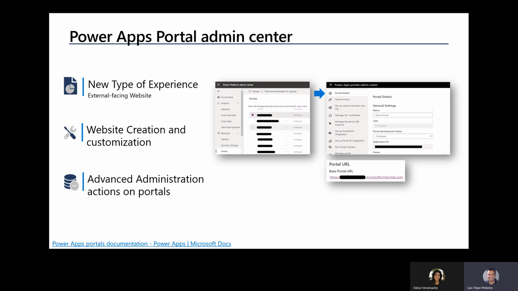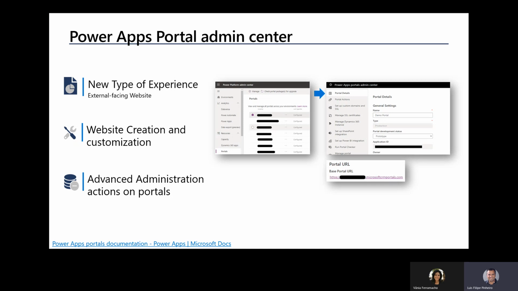I won't describe all of them, but there are some that are very interesting, like the portal details, which you can use to change or update the portal name, or to convert your trial portal to a production portal. You also have the portal actions that allow administrators to configure specific portal settings and perform actions against a configured portal, like adding a custom domain or restarting the portal.